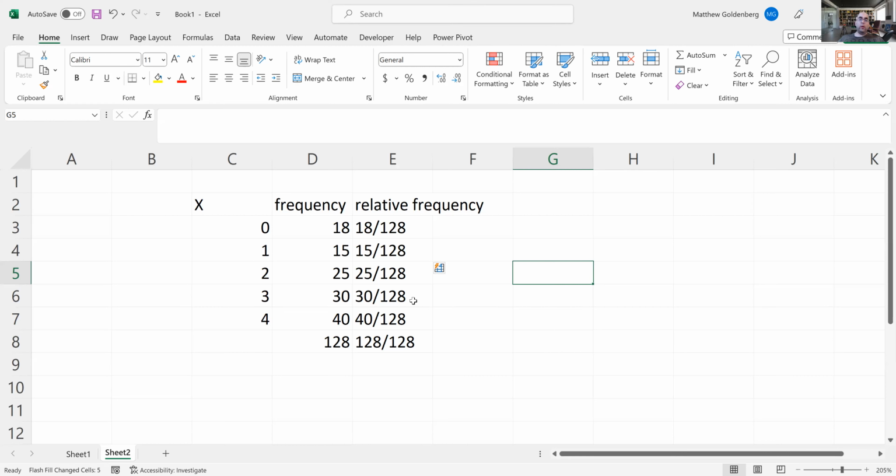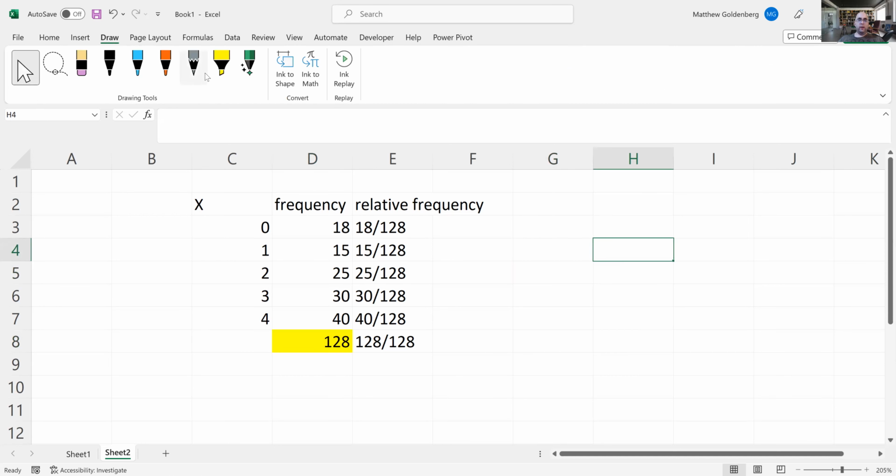Now, one point I want to stress is that what is really going on is you have 128 total values. I'm going to highlight that.